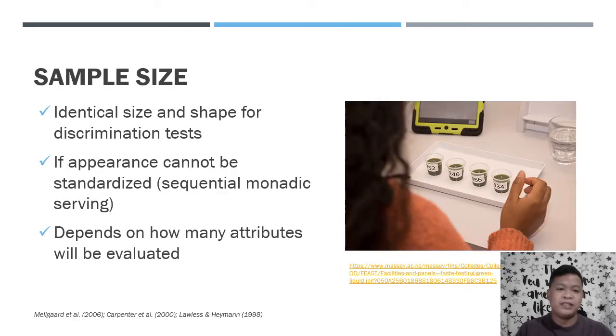Okay, sample size refers to how much sample is given. So it's either by weight or by volume, or sometimes number of pieces. And you have to strike a balance between the test objectives. Like, for example, you're going to be evaluating a burger.